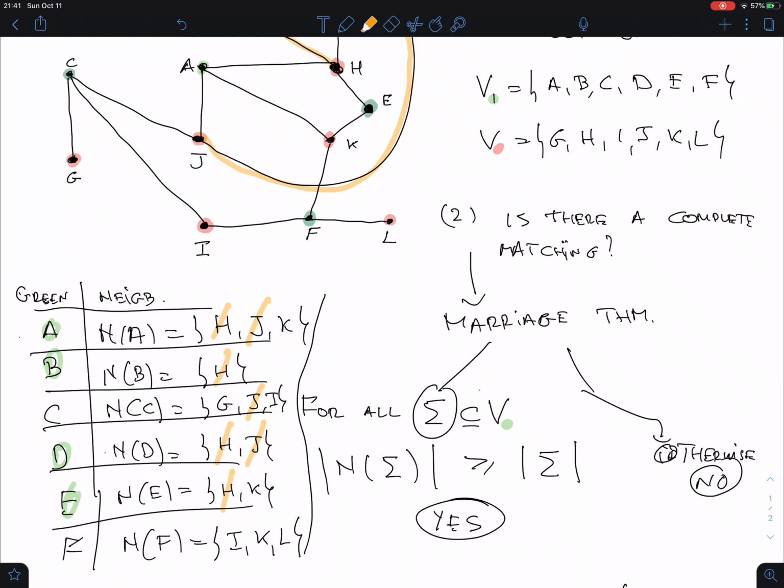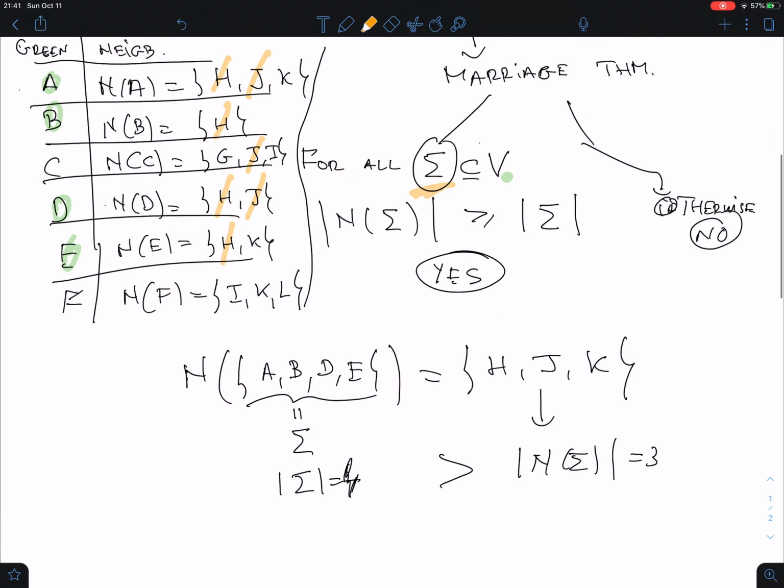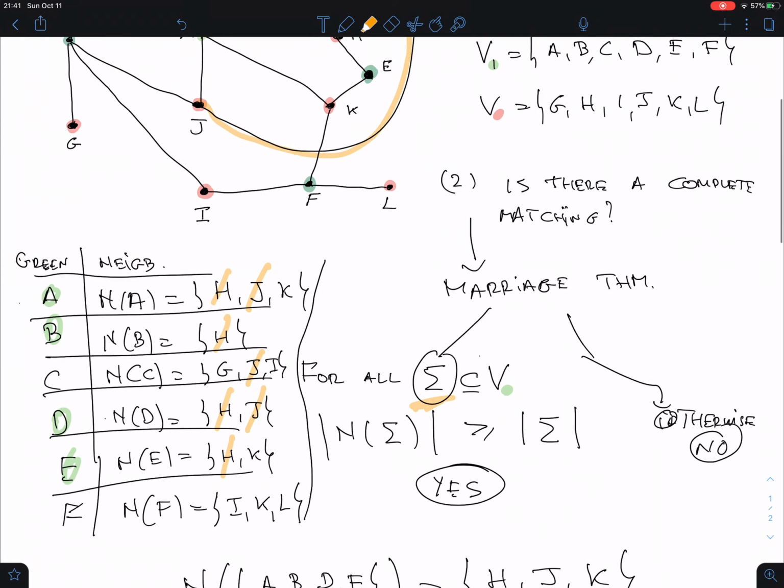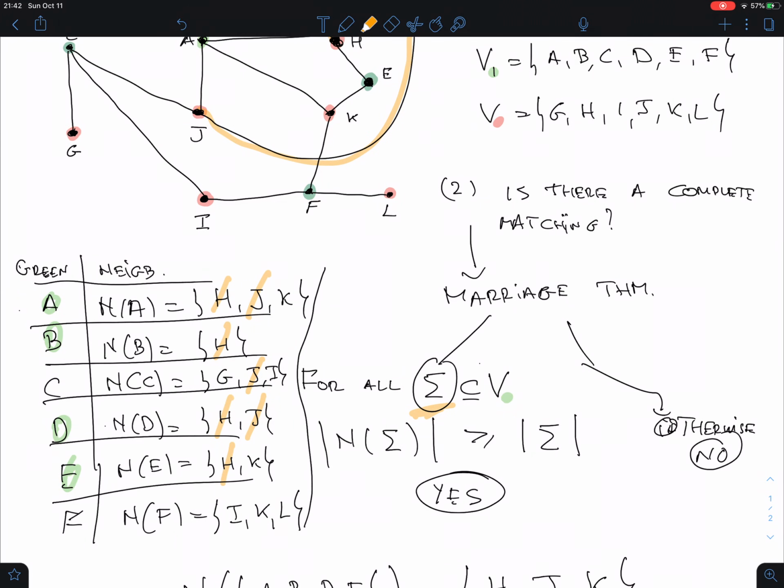Okay, so what we can do? Well, both A and E have now only one left, and that's because notice that A, B, D, and E are the ones where I got stuck, and that's no surprise because that was the set that I found where I got stuck. So it's no surprise that this happens like that.